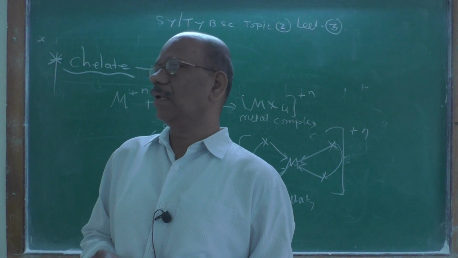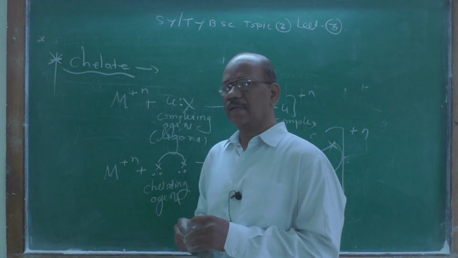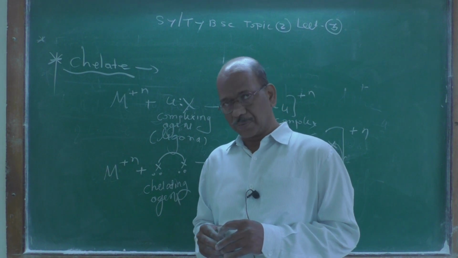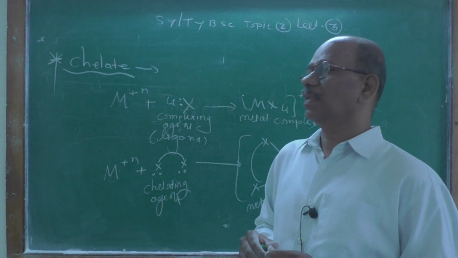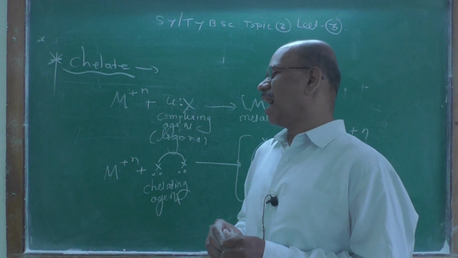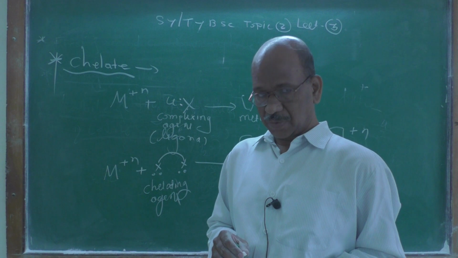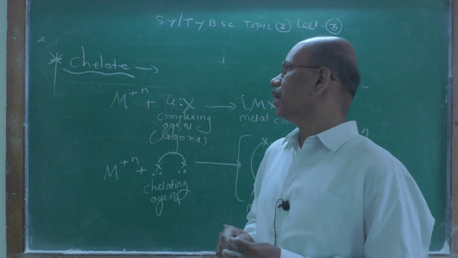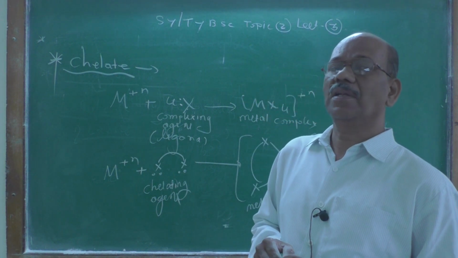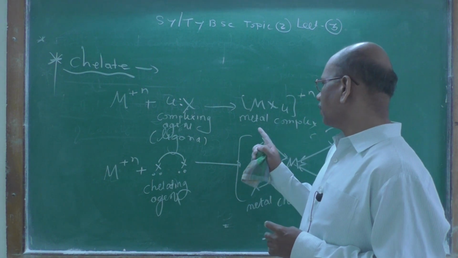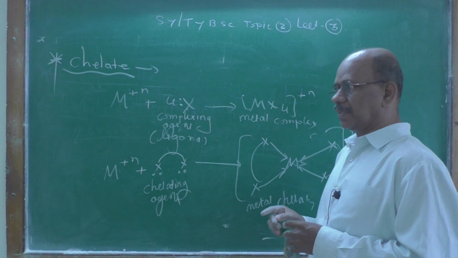The bond between metal and chelating agent may be covalent or coordinate, and metal chelates are more stable as compared to metal complexes. These are the properties of metal chelate.